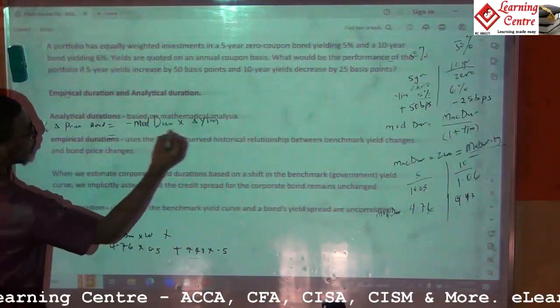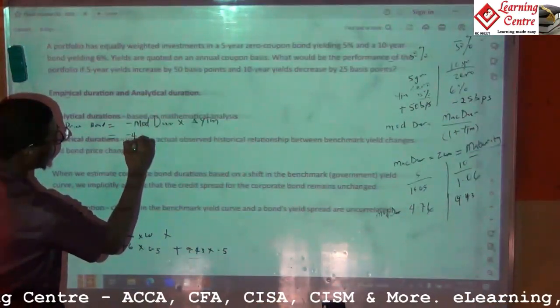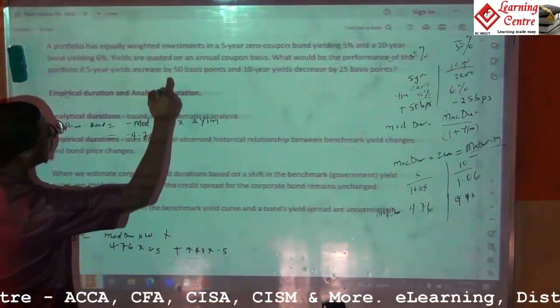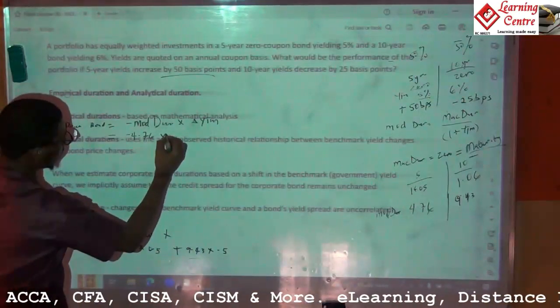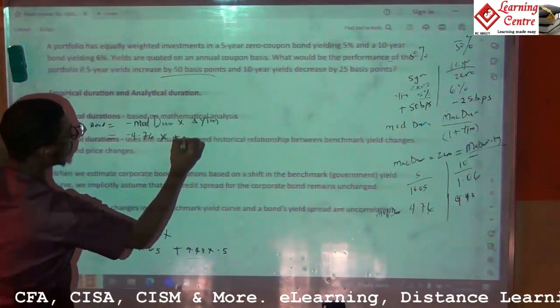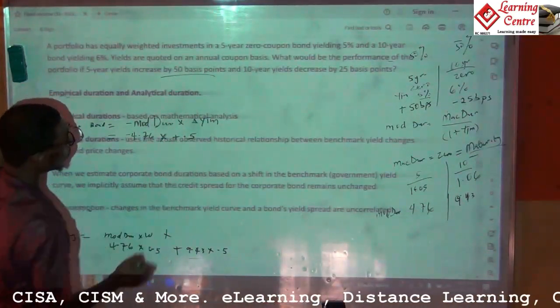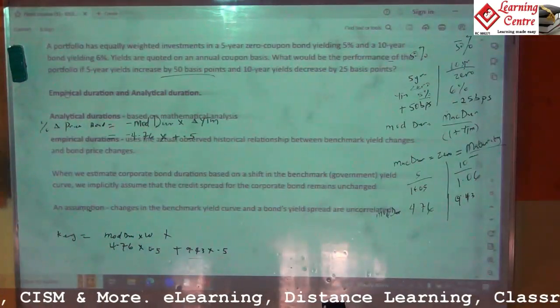So we have 4.76 with an increase of 50 basis points here.